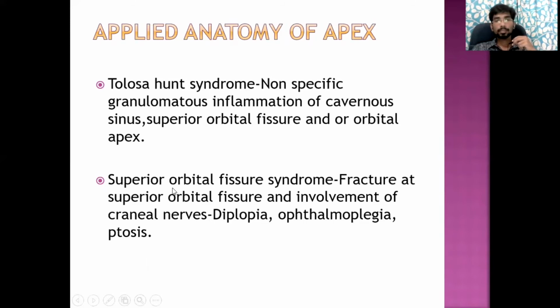Superior orbital fissure syndrome is a fracture at the superior orbital fissure with involvement of cranial nerves, causing diplopia, ophthalmoplegia and ptosis. Because the muscles are located in the orbital apex, there is ophthalmoplegia and diplopia.